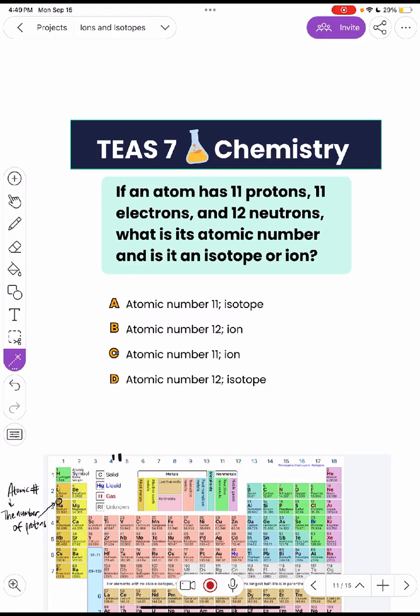So on the last question, C was talking about how it had different numbers of neutrons. Oh, and I didn't mean to go back to the previous question about why it wasn't positive. I forgot about that, so sorry about that. But let's start with this one first. Okay, is it going to be an isotope or an ion? And what is its atomic number? Let's think about it.